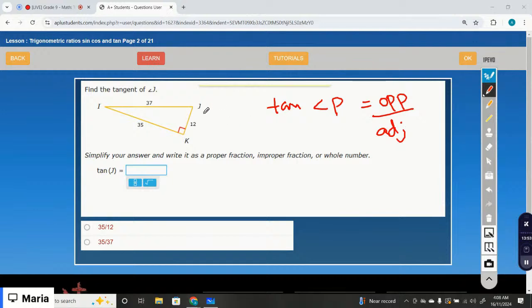So from angle J, here is angle J. Opposite to angle J is 35, JK it is, and adjacent to J is 12. So that is 35 divided by 12. The correct option is option number 1, that is 35 over 12.